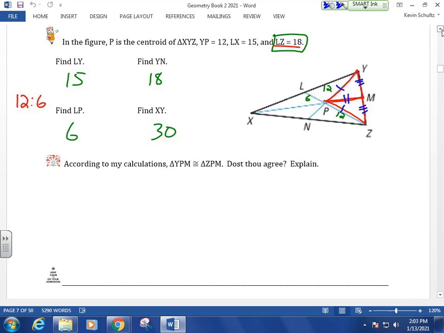And we know that because it's a median, because we were told that point P is the centroid. And so what triangle congruency theorem allows us to conclude that the two triangles are congruent? Side, side, side. Okay? We didn't really explain that in words. If you had markings in there, that's good enough for me.